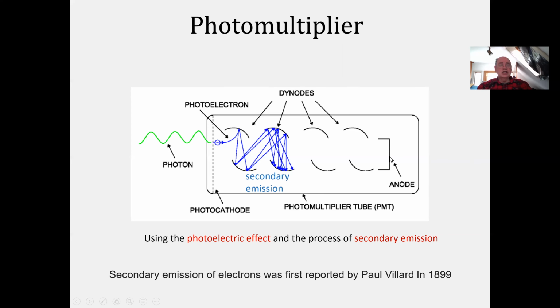By the time we get to the collector anode, we have a tremendous current, and that current is nothing more than a reflection of the number of photons. Okay? We've magnified the light. By the way, secondary emission was first found by our friend Paul Villard in 1899. Remember the guy who first discovered the gamma rays? He was the first one to see this.